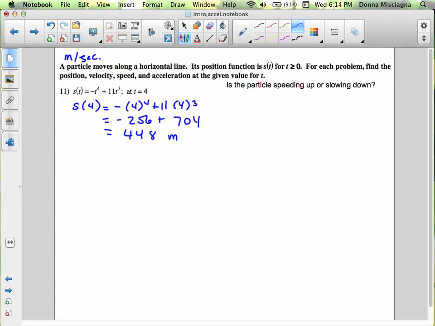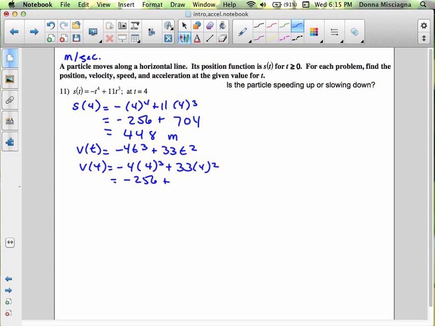All right, so now let's find v of t. First we have to find the first derivative. That would be negative 4t cubed plus 33t squared. Let's evaluate that when t is 4. That's the same as 4 to the 4th power, so that's a negative 256 again.